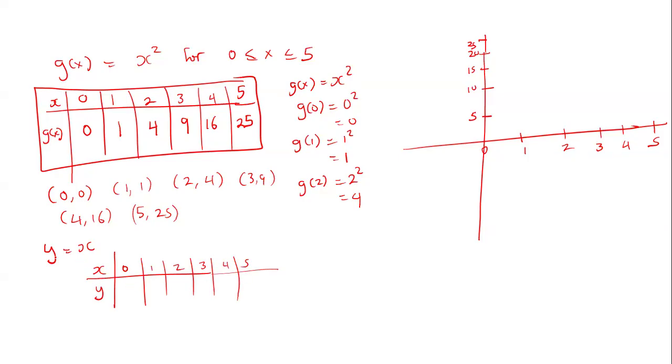Then what will be the y value? Your y is equal to x. Where there is x put 0, you will get 0. Where there is x put 1, 1, 2, 3, 4, 5. So you will end up still with 0, 0, 1, 1, 2, 2, like that. Now, you draw this line, y is equal to x. This is your mirror line to reflect the curve you're going to draw.